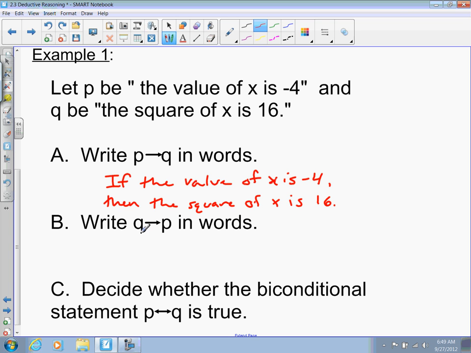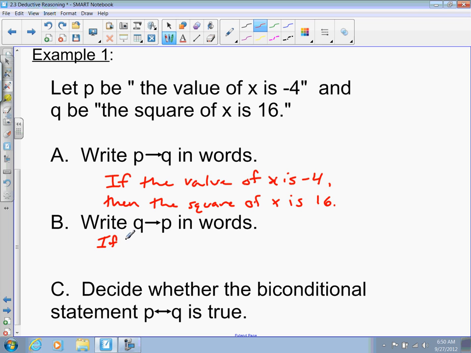Here we have Q implies P. So we flip the hypothesis and conclusion. That is your converse. So we're going to write if, now we're going to start with the conclusion.